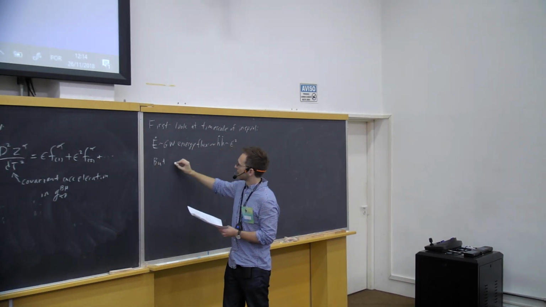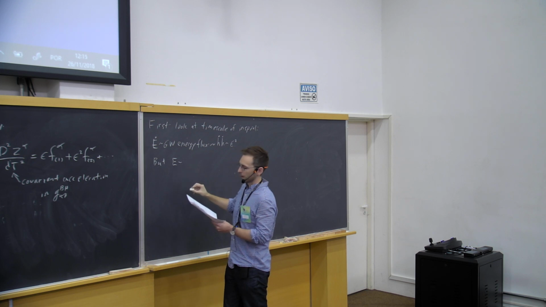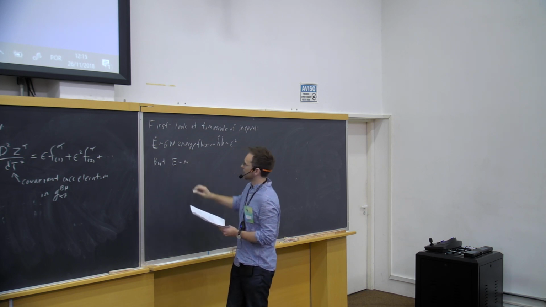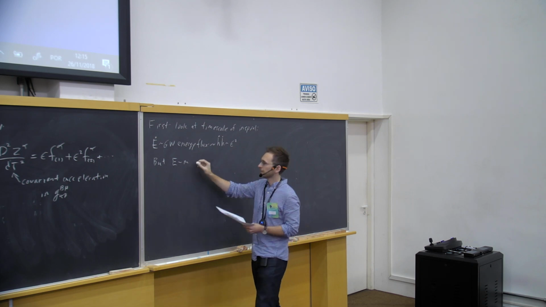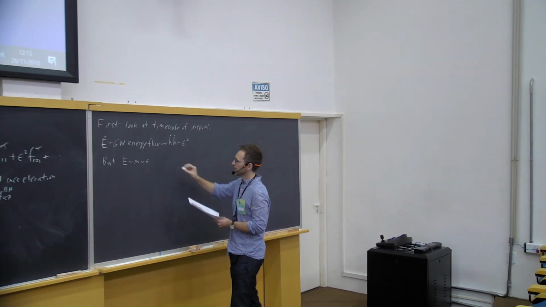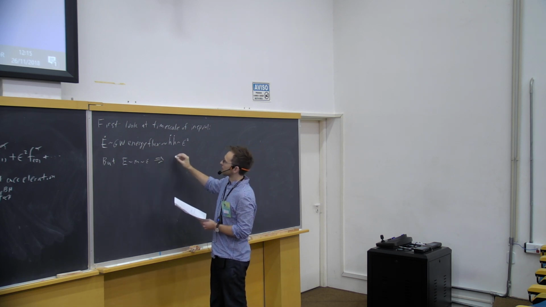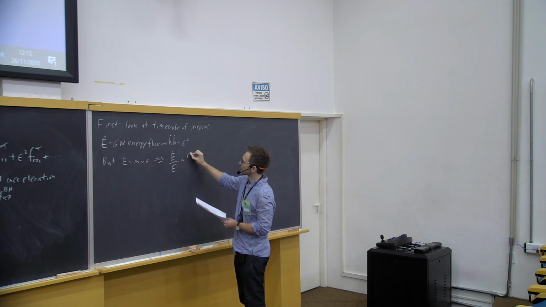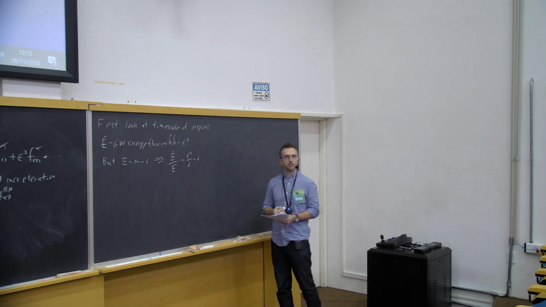But the total energy of the small object's orbit is proportional to its own mass, so we can think of that as being order epsilon. So E dot over E is epsilon squared over epsilon, which means order epsilon.